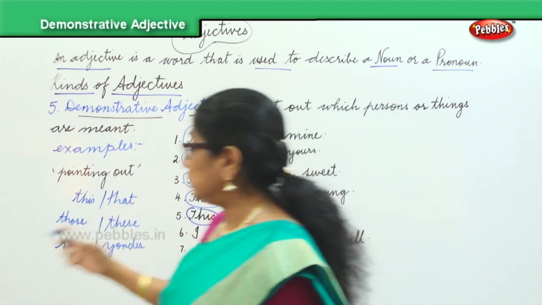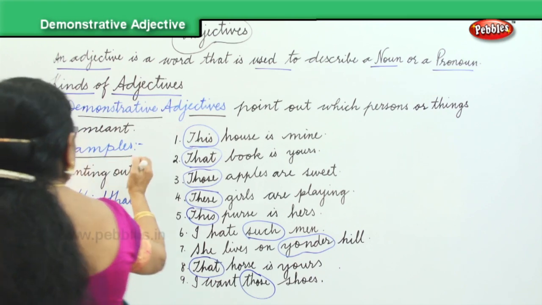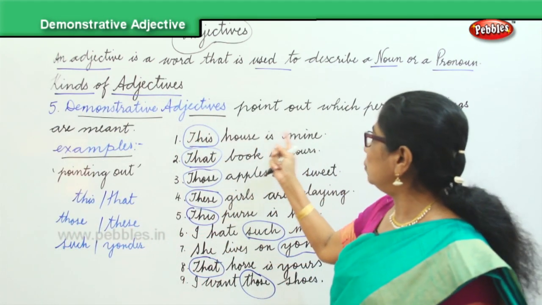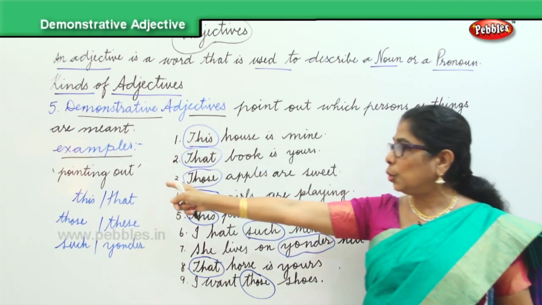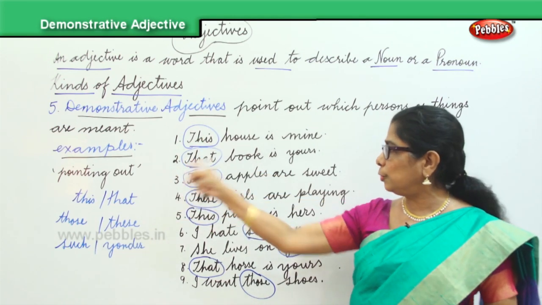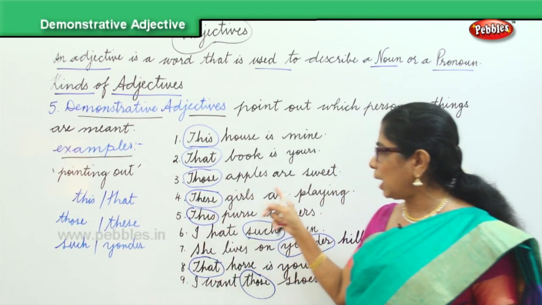The examples that we have here: this house is mine, we are pointing out this house. That book is yours, we are pointing out that book.